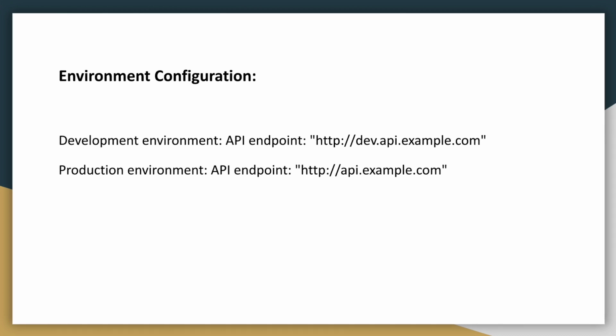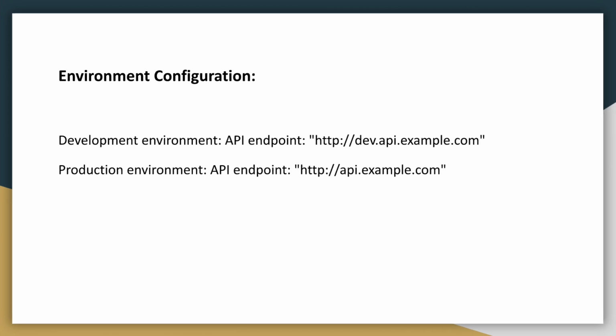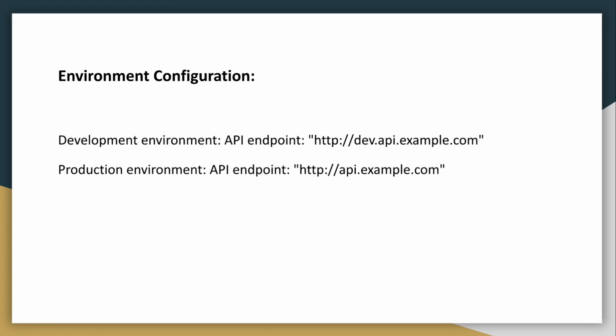For the development environment, let's say the API endpoint is dev.api.example.com. Similarly, for production, it could be api.example.com. This way you can take my responses as a base for your preparation, and you can modify these as needed.